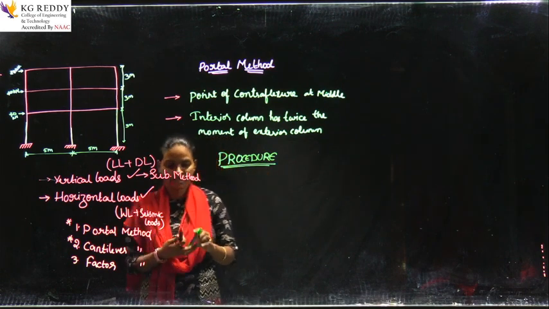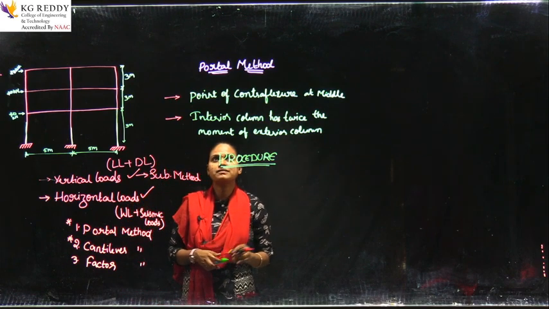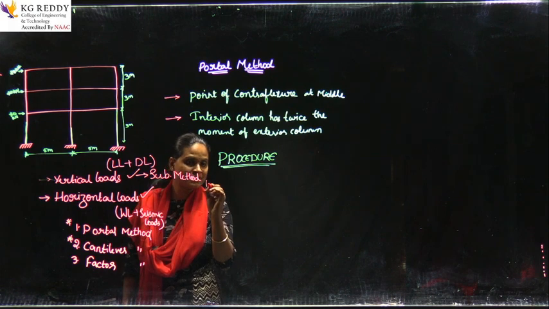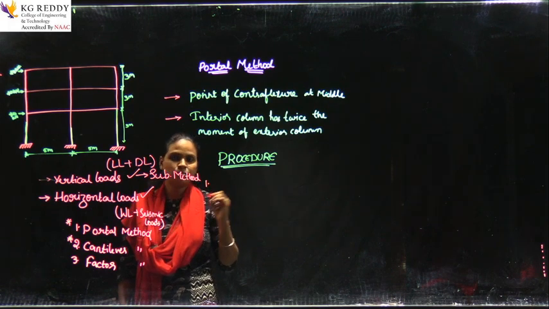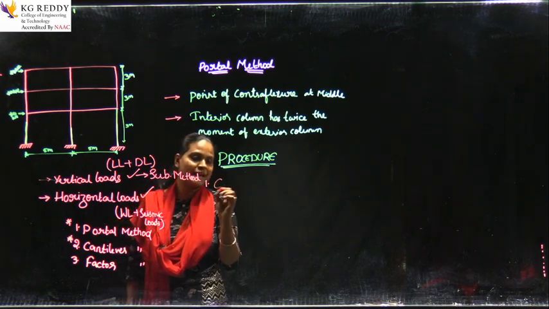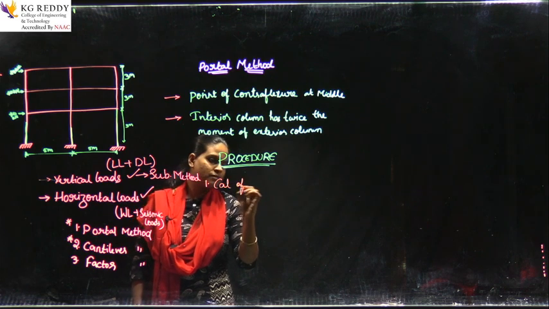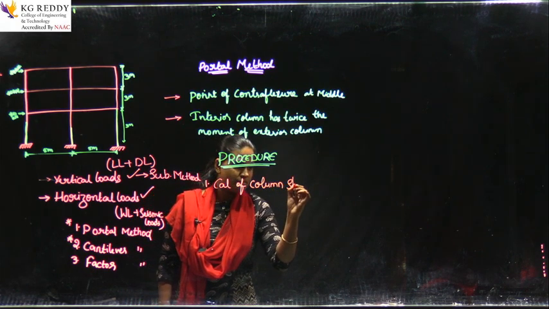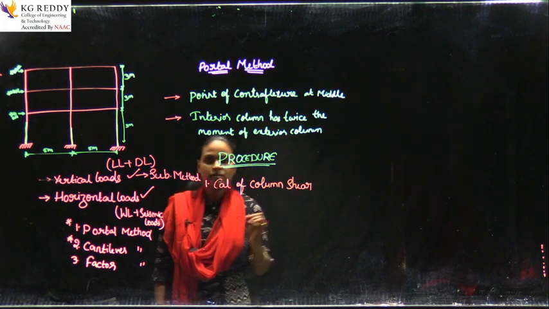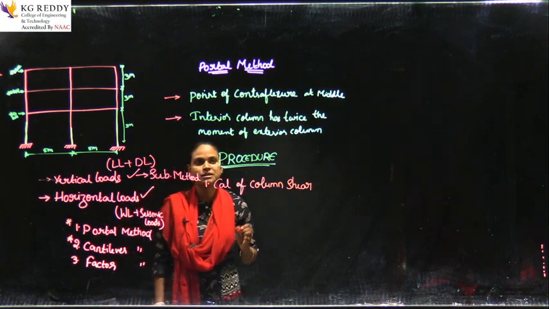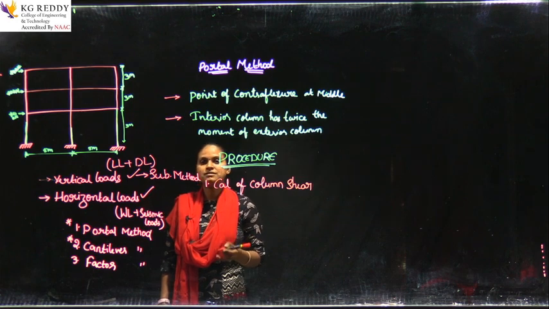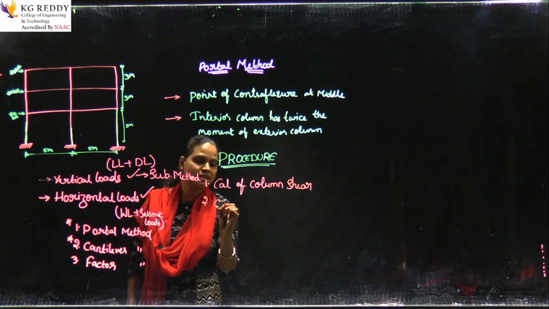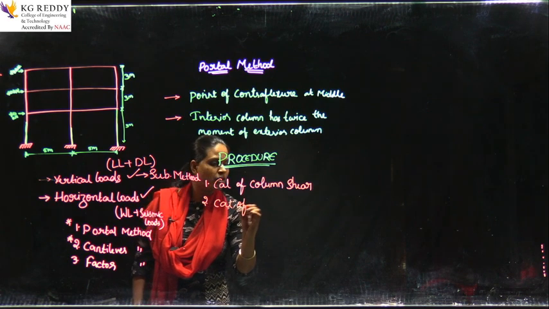When you see the procedure, how to calculate and how to analyze the frame, we have 5 to 6 steps for the analysis in the portal method. The first one is calculation of column shear. This is the first step in the portal method for the analysis of a frame. The second one is calculation of column moment.